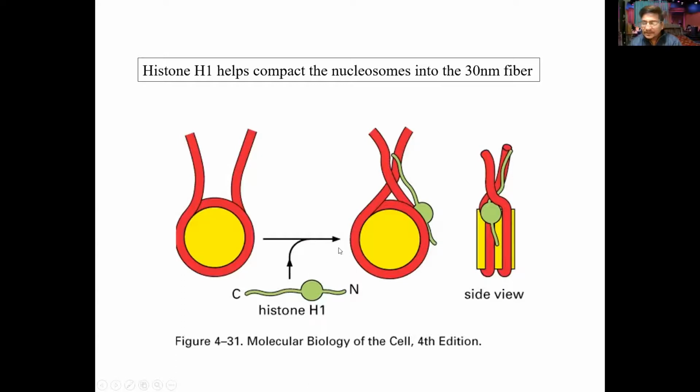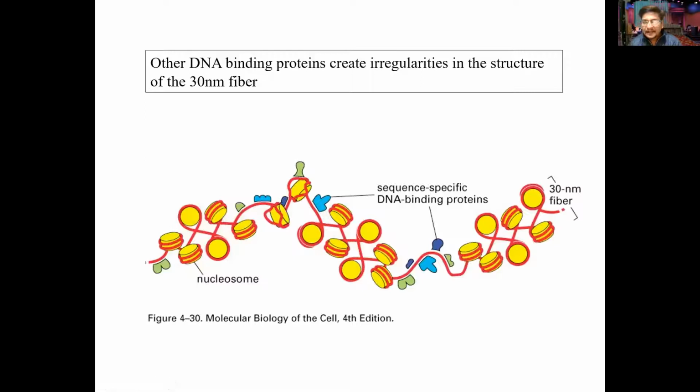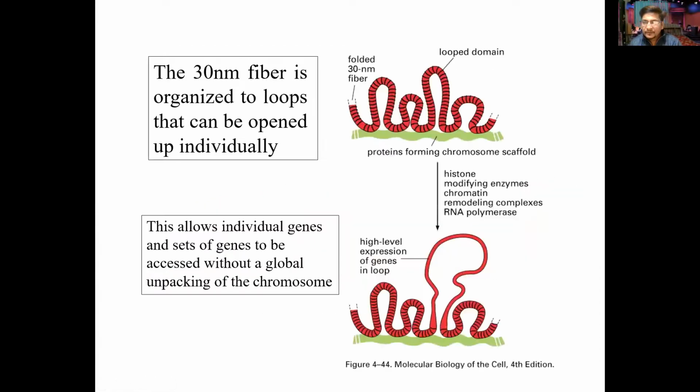And this is how it is going to happen. Look over here. Here is H1, which plays a very important role in condensing this beads-on-a-string structure into the 30 nanometer fiber. And there are many different kinds of proteins which play an important role in condensing them into a further condensed form.